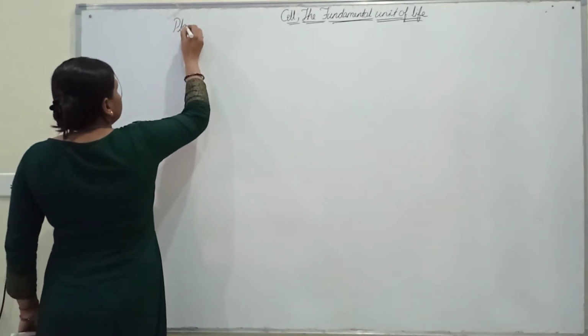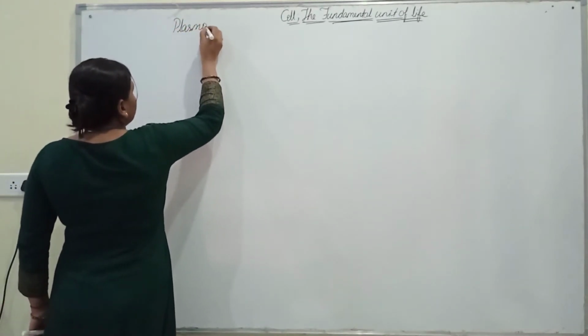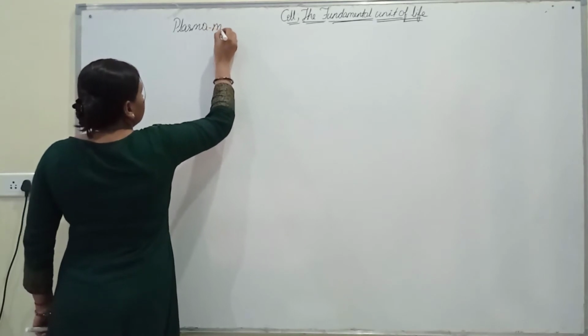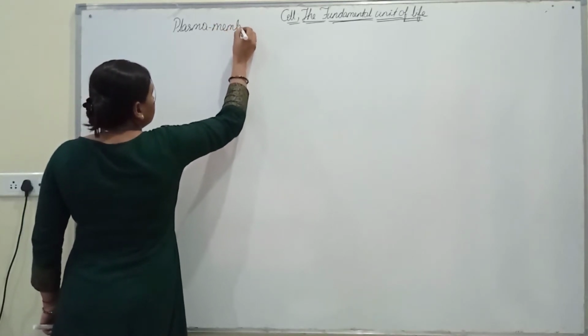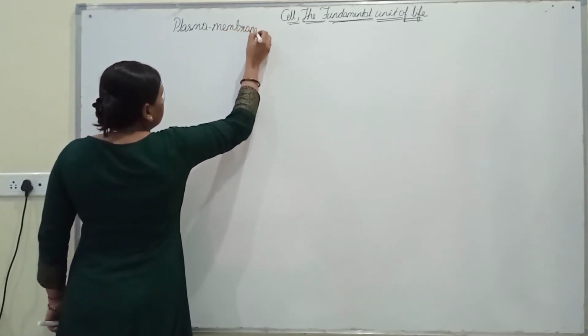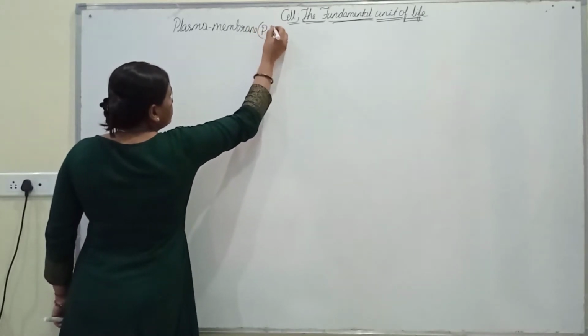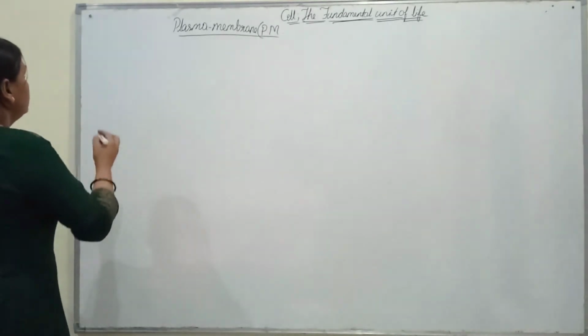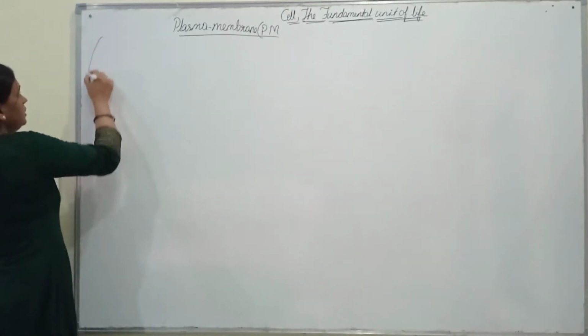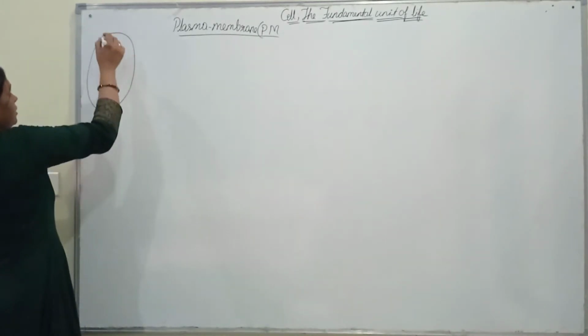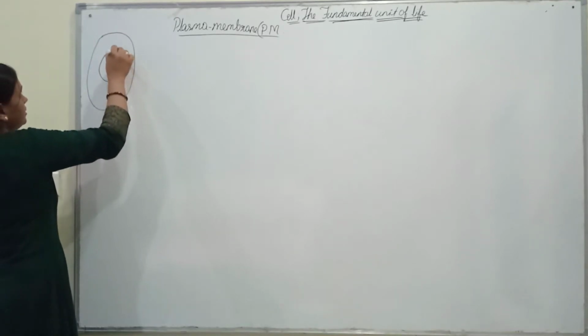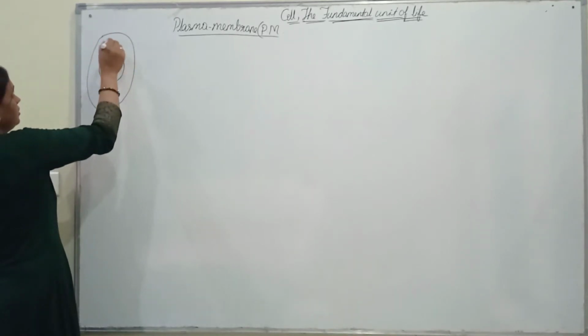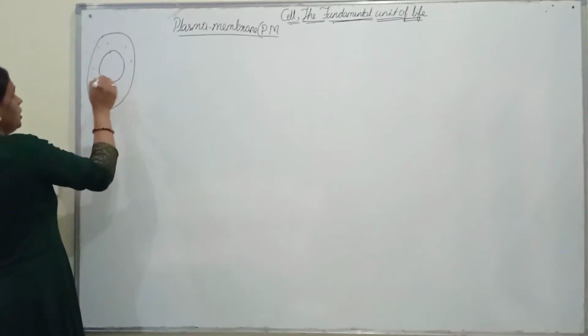Plasma membrane, that is the outermost layer of the cell. In short we can also say it plasma membrane. Suppose if this is the outermost layer, inside this is nucleus and this is the fluid part of the cell.